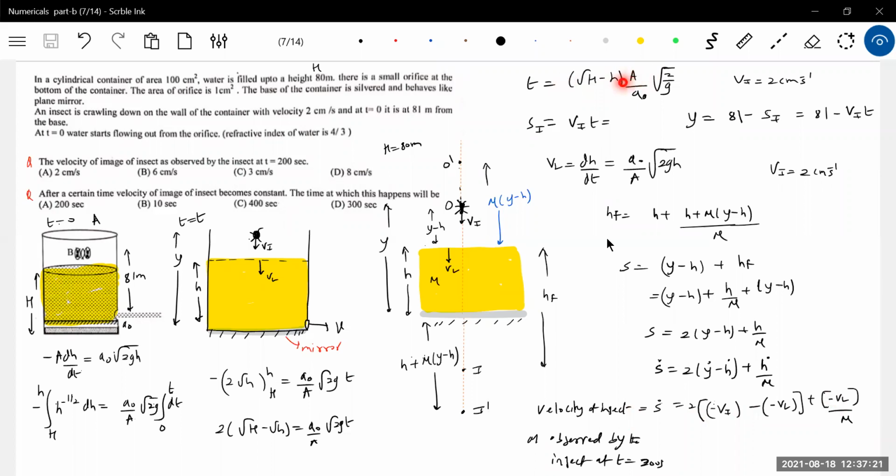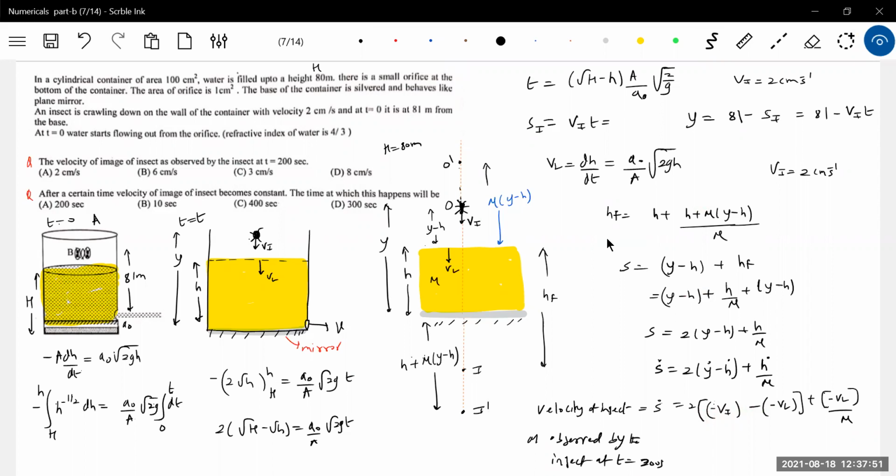If you can remember this, you can proceed from here. I think you have to work out the calculations. I'm just sharing only the ideas.